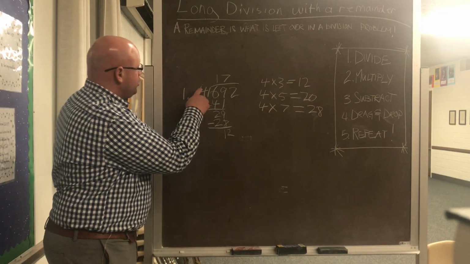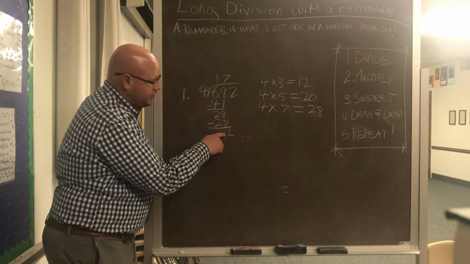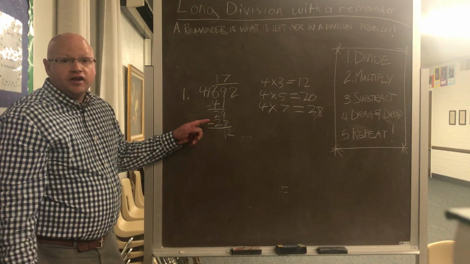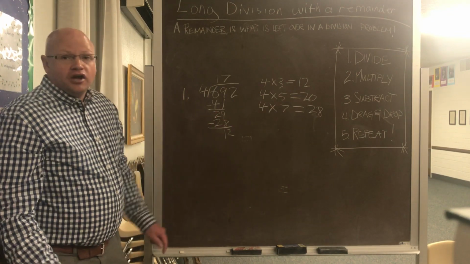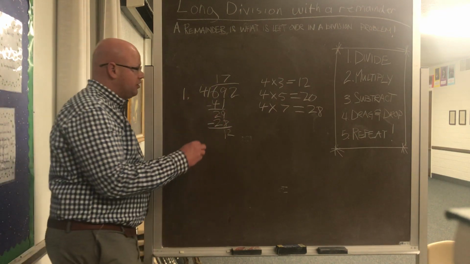We'll come up here and we'll go 4 divided into 12. It will go into 12 because it's less than 12. But we're going to have to see how many times 4 goes into 12.